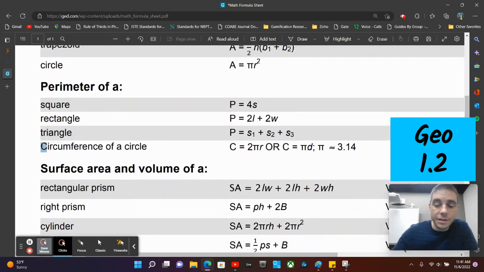Of course, something that you will notice when you study geometry is that circles have their own vocabulary. Geometry itself has its own vocabulary, but circles have their own vocabulary within the geometry vocabulary. So instead of calling it the perimeter of a circle, they use this special word called circumference, but it's basically the perimeter of a circle.